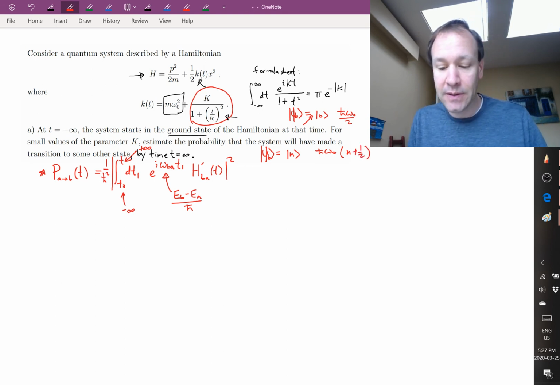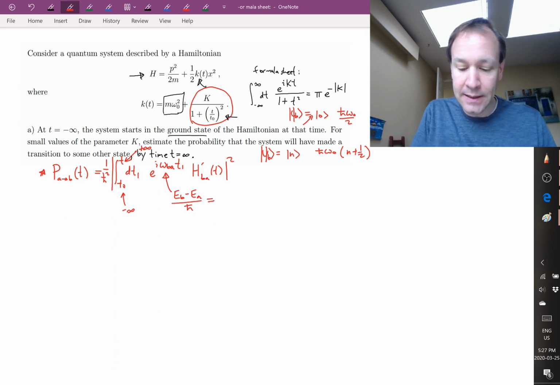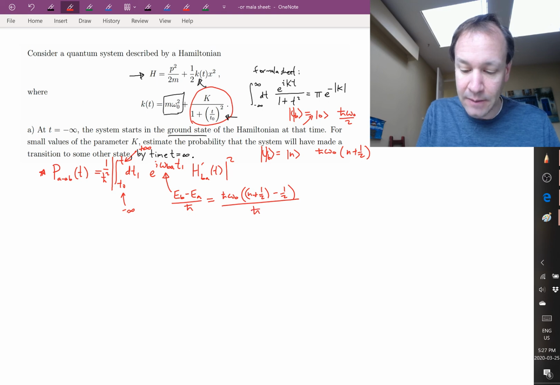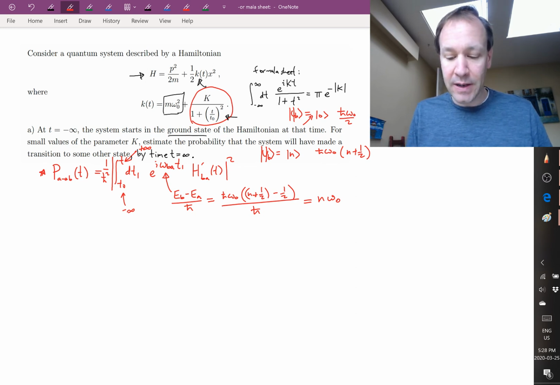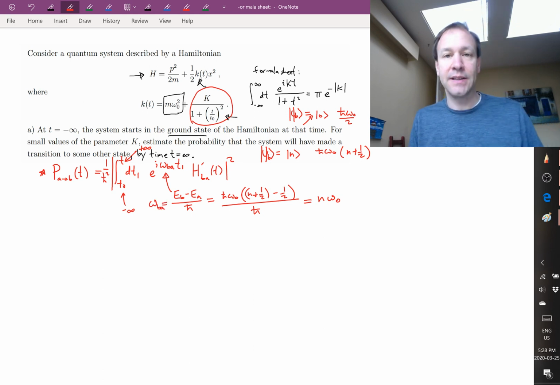The difference between those two energies is h bar omega 0 times n plus 1/2 minus 1/2, and then we're dividing all of that by h bar. That just gives us n times omega 0. So omega BA is just n times omega 0.